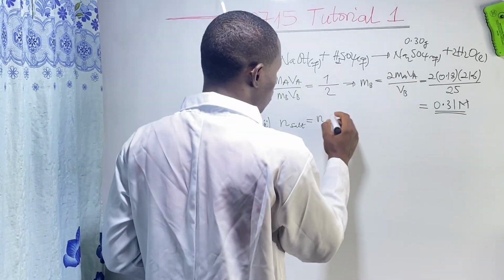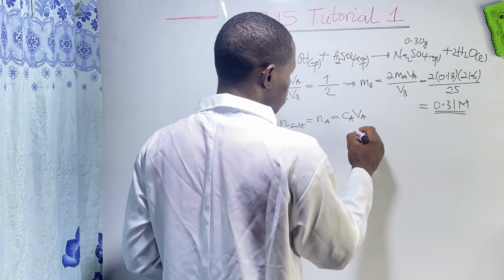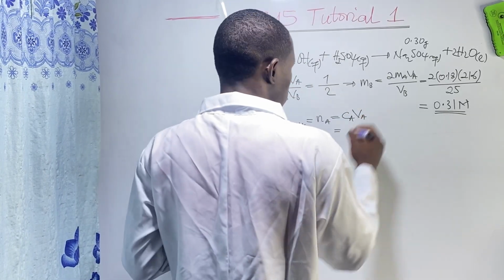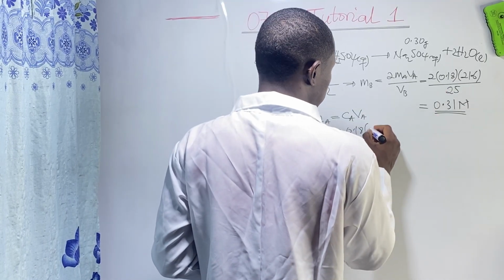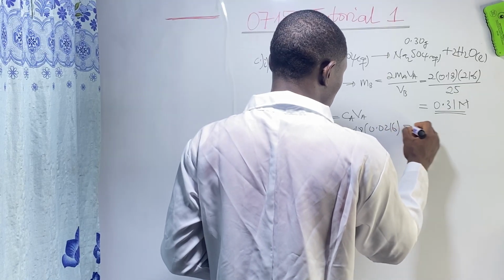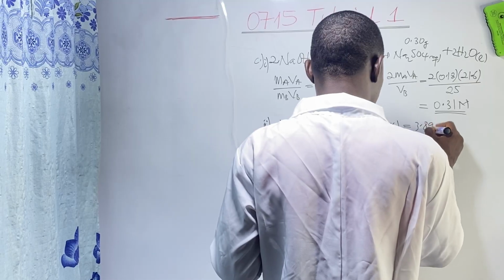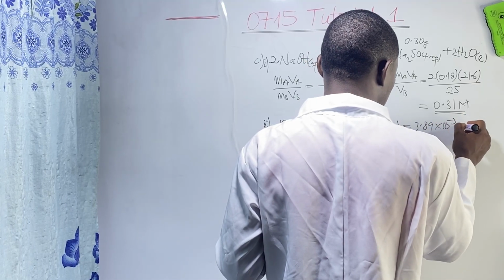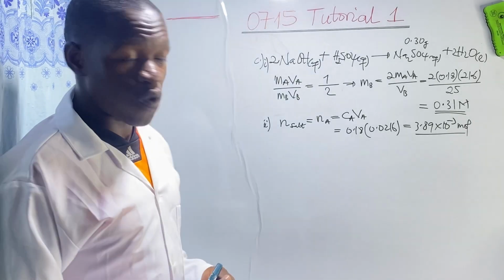So the number of moles of acid is molarity of acid times volume of acid. Molarity of acid is 0.18. Volume of acid in dm3 is 0.0216. When you punch that, you are going to have 3.89 times 10 to the minus 3 mole. That's the number of moles of the salt that were formed.